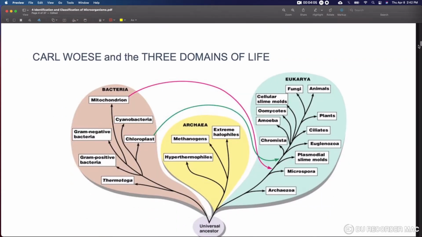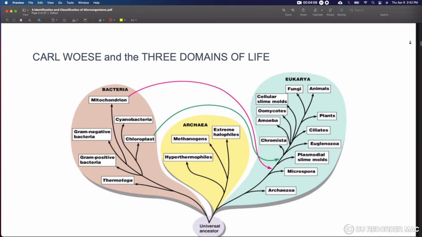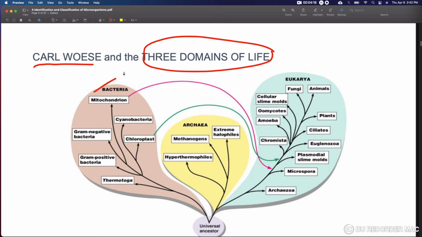Okay, so let me just bring back the memory of Carl Woese and the three domains of life. So in the three domains of life, we have bacteria, we have archaea, and eukarya. So this is the major scheme of classification that we're currently, until now, using. No? So we have the universal common ancestor that branch out into the different domains of life.